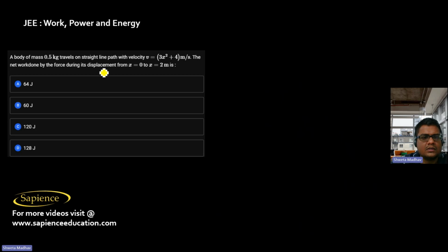And here it is told a body of mass 0.5 kg travels on a straight line path with velocity v equal to 3x square plus 4 meter per second. The work done by the force during its displacement from x equal to 0 to x equal to 2 meter is.